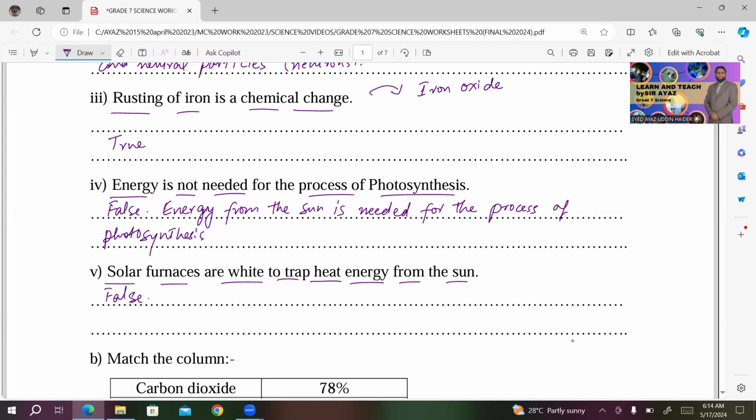So it should be black or dark in color in order to trap heat. So you'll write solar furnaces are black to trap heat.